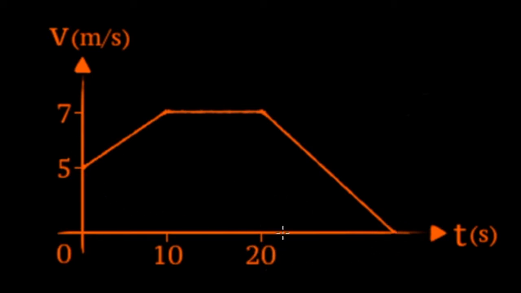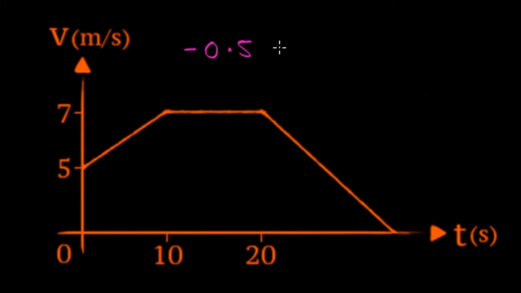Now remember, after 20 seconds, he begins to decelerate at a rate of minus 0.5 meters per second squared. And because acceleration is the derivative of velocity, that means that the gradient of the velocity-time graph after 20 seconds, so this straight line here, is minus 0.5.